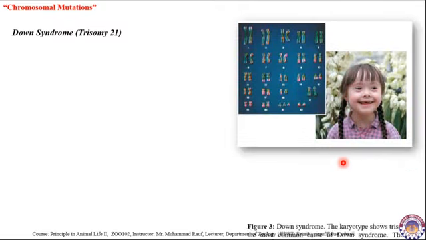But it is a unique case where aneuploidy occurs in autosomes and still the individual makes it till 15 years of age, and 8% of the individuals make it till 40 years of age. Trisomy 21 means there are 3 copies of chromosome number 21 in those individuals instead of the normal 2.